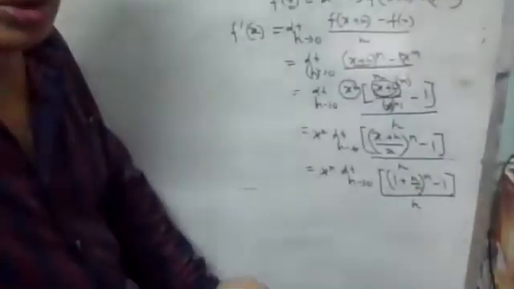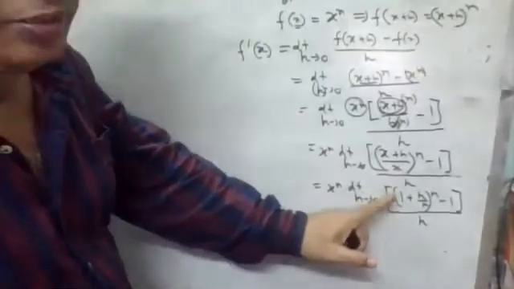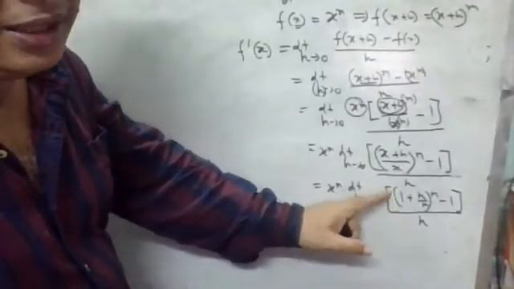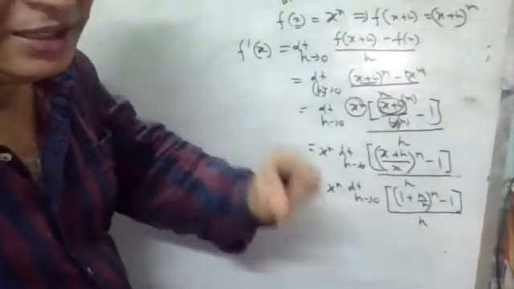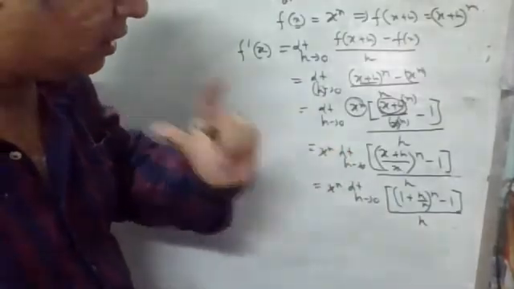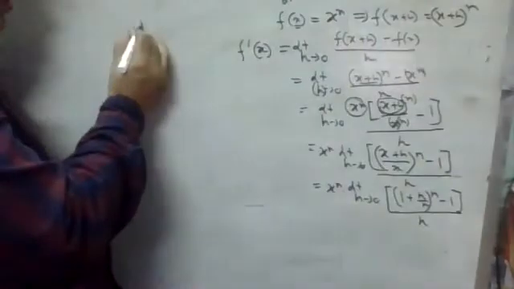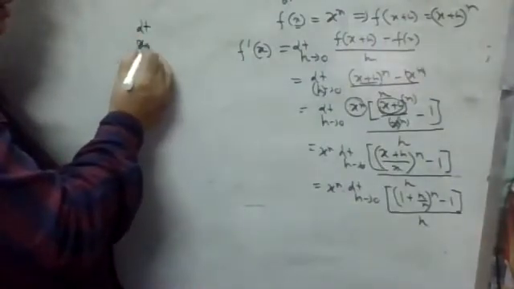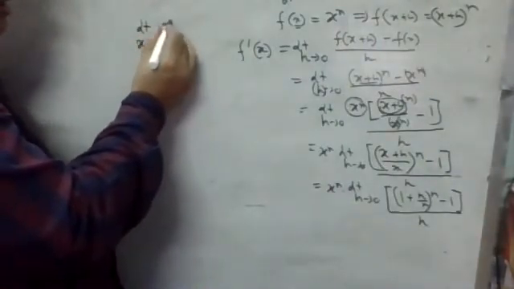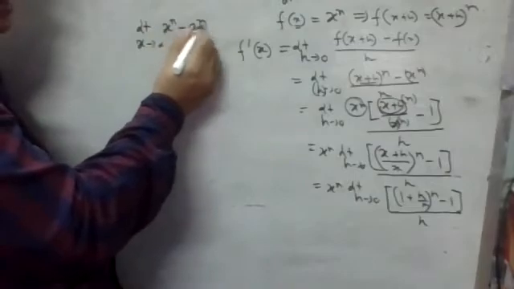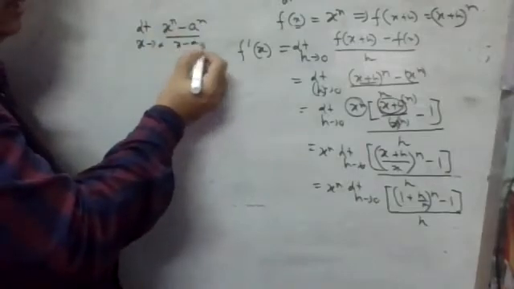So, which formula does it refer to? Can you revisit the past? You were taught this in limits. I am just reminding you: limit x tends to a, (x^n - a^n) / (x - a).